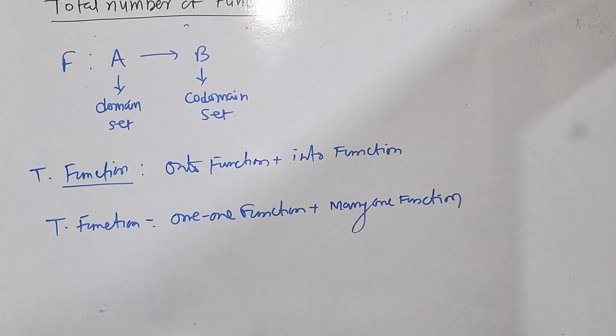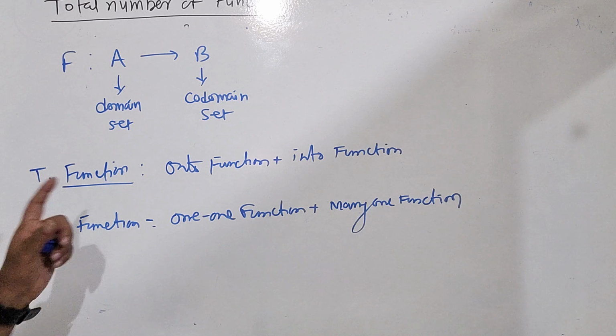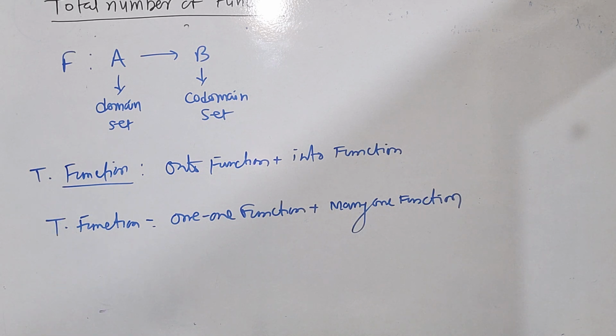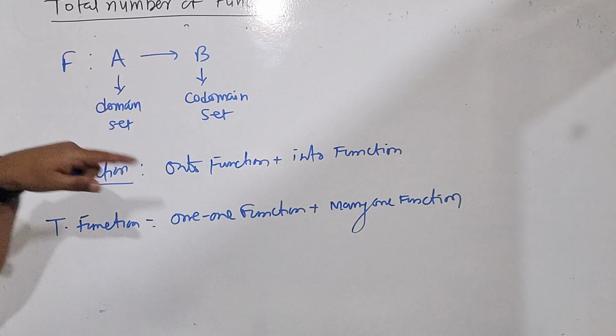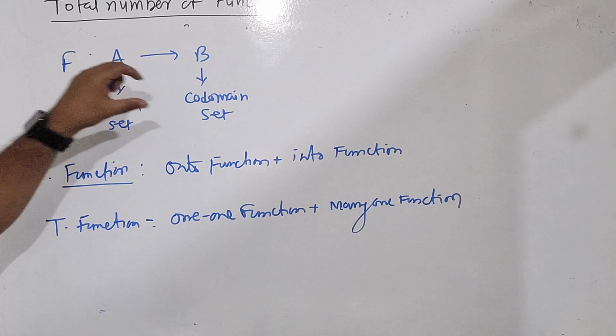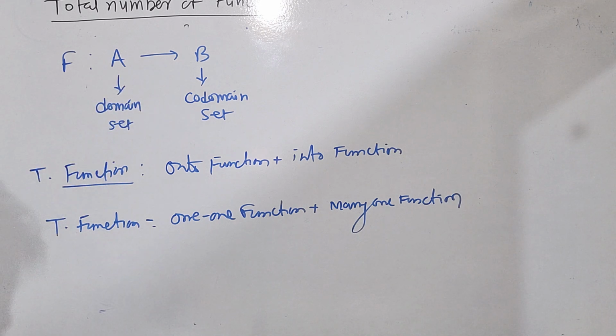Now my question is to calculate the total number of functions when the function is defined from set A to set B. Set A is the domain set and set B is the codomain set.